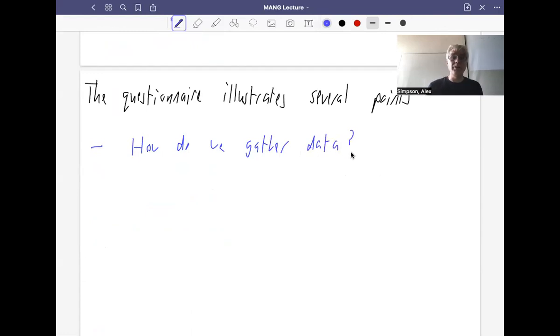So what we can't do is simply ask everybody who's a resident of the EU to answer the questionnaire, because that's an absolutely enormous population, and it would be a huge, huge job to do that. And of course, many people wouldn't answer the questionnaire anyway. So it's infeasible to ask.